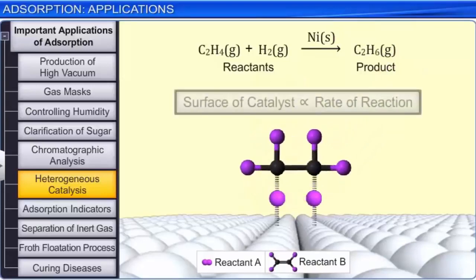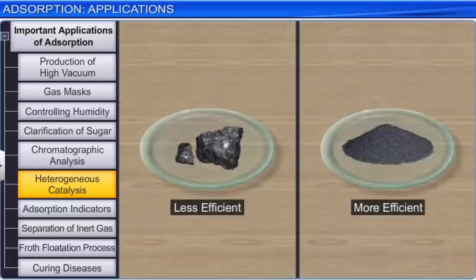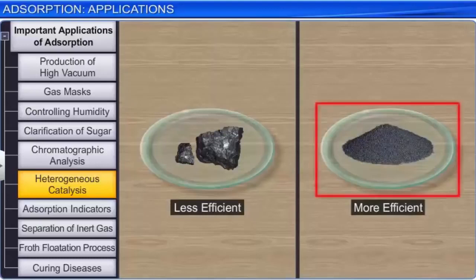This increases the concentration of the reactant on the surface of the solid catalyst, thereby increasing the rate of reaction. The theory also explains the greater efficiency of the catalyst in a finely divided state.